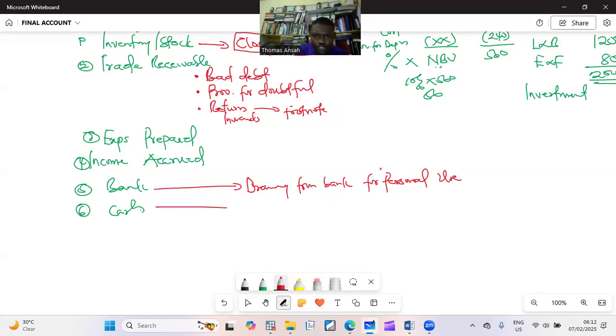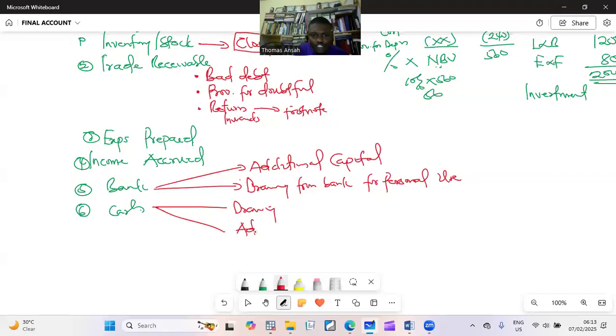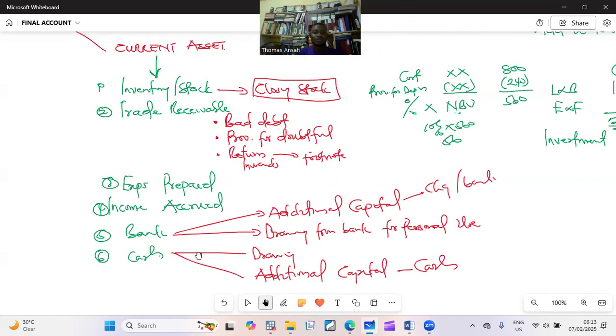The person can also do drawings on cash. But the person too can introduce additional capital into the bank account. So we will learn what to do when you see in the footnote that there is introduction of additional capital in the form of check or bank, or in the form of cash.